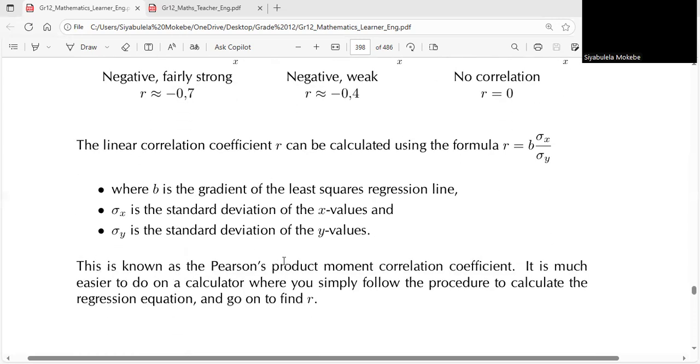This is known as Pearson's product moment correlation coefficient. It is much easier to do on a calculator, where you simply follow the procedure to calculate the regression equation and go on to find R.